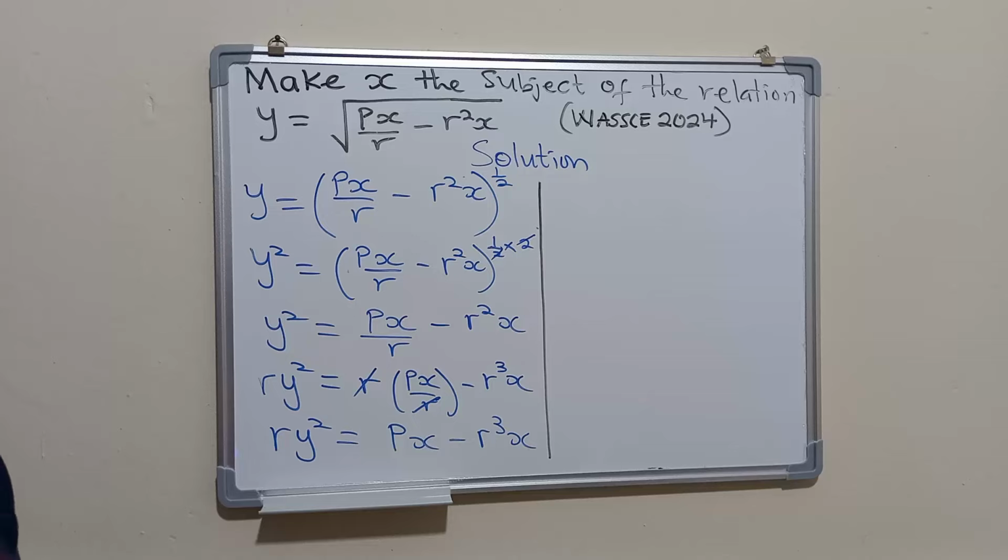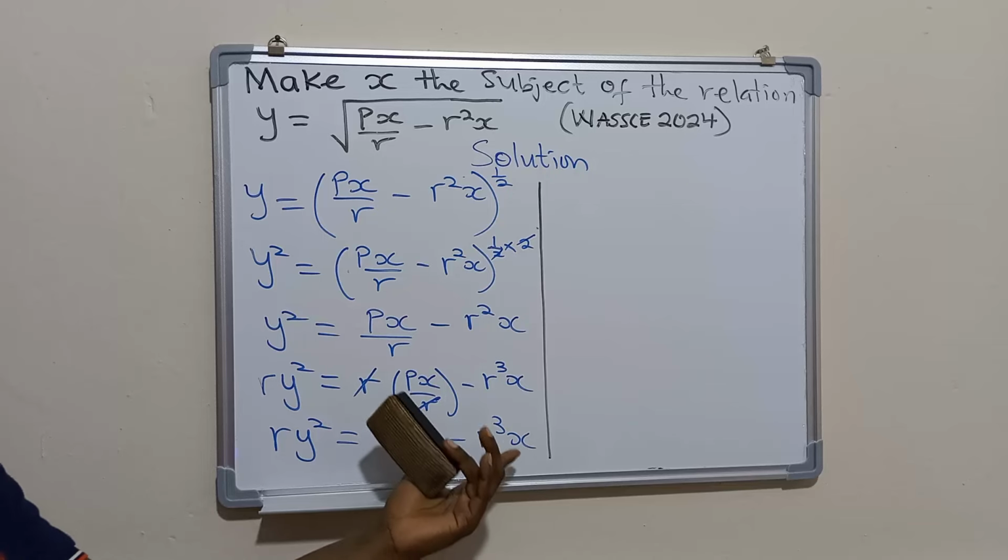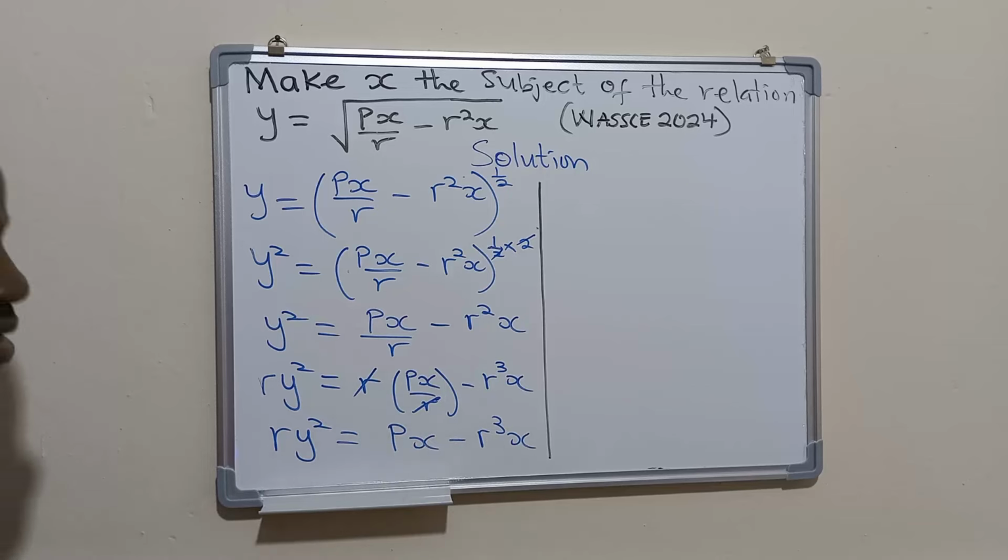And I always prefer whatever I'm making the subject to be at my right hand side, so that it will make things easier for me, especially when there is any negative. So I always prefer my subject to be at my right hand side.